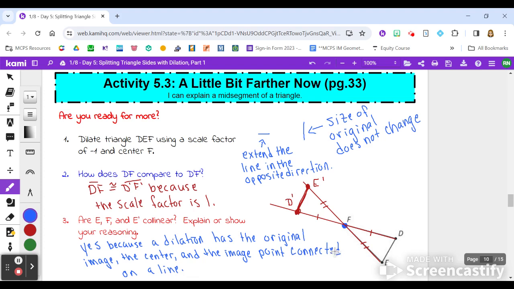Whether you have a positive or a negative scale factor, this is always true. They're always going to be collinear if they're corresponding parts.